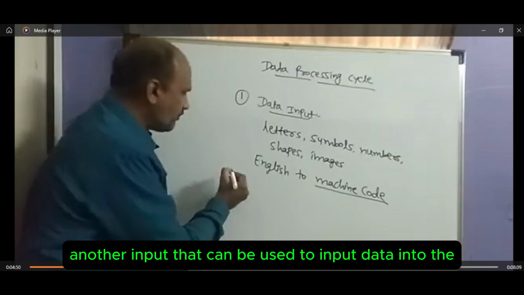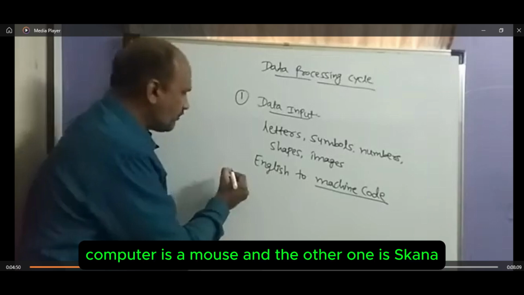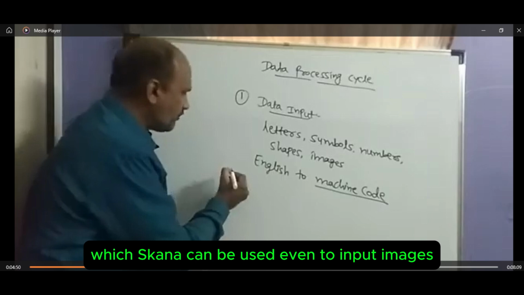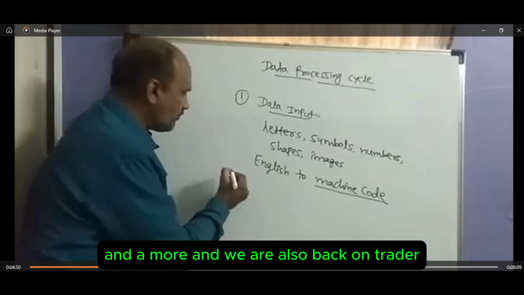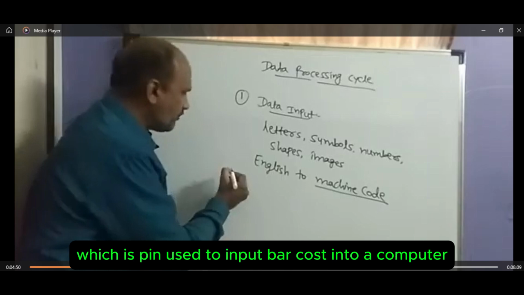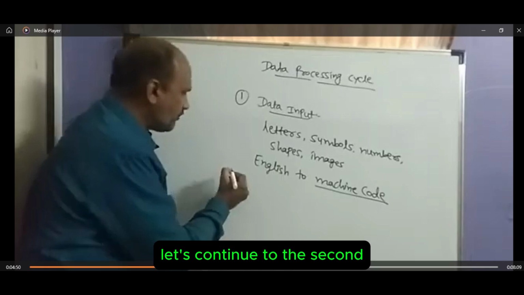Another input device is a mouse, and another is a scanner, which can be used to input images and more. We also have a barcode reader, which is used to input barcodes into the computer. Let's continue to the second one.